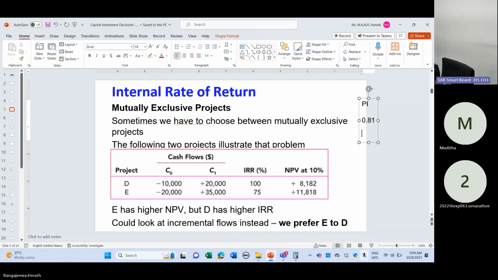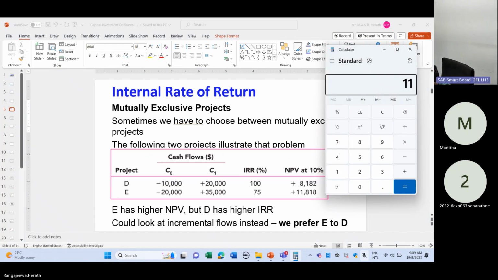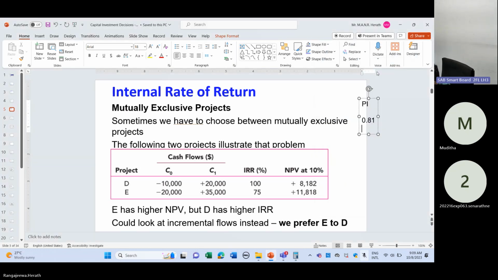Then the other one, 11,818 divided by 20,000, 0.59.